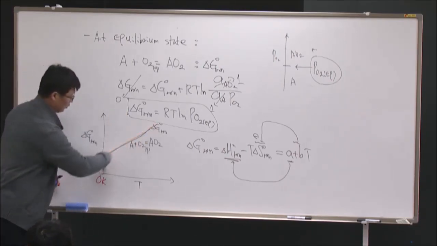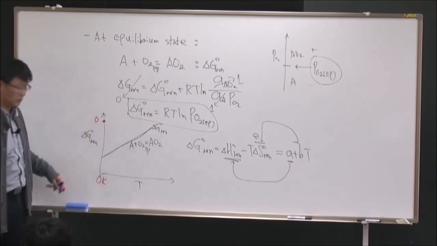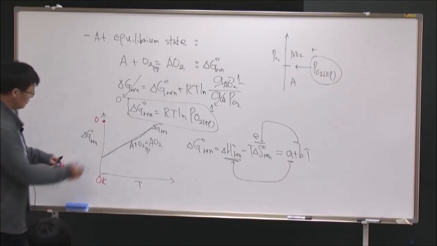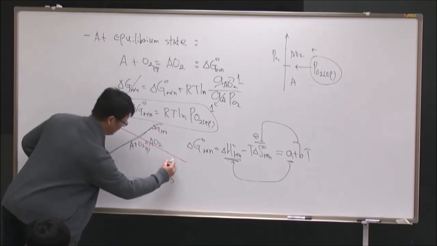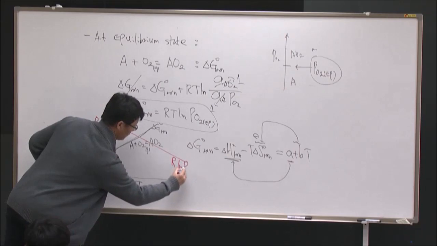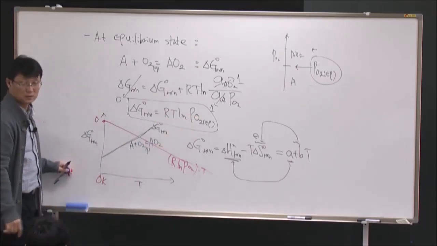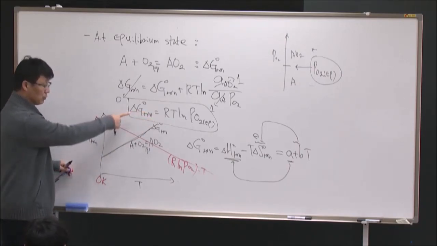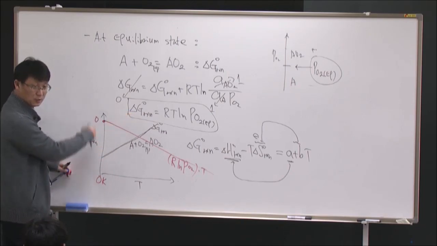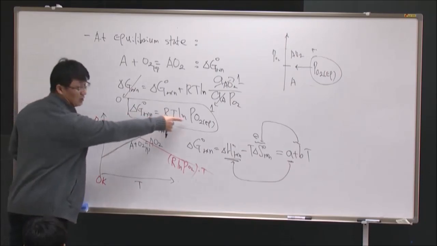So this is the delta G of reaction graph, and then he just said, how about I set from 0 here, and then I draw the line, and this line is a function of R ln PO2 and T. So basically I just modify this, R ln PO2 times T. This is a function of temperature, a linear graph. And the absolute value when it's 0 Kelvin, delta G, the y-axis, will be 0. Y equals AT type of graph here.